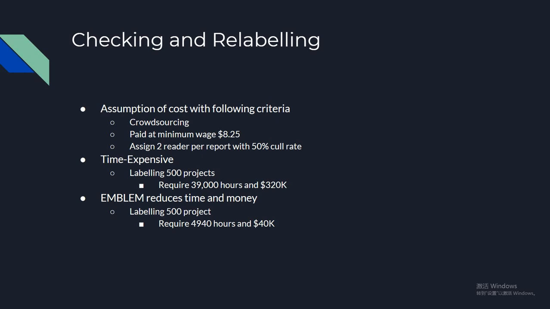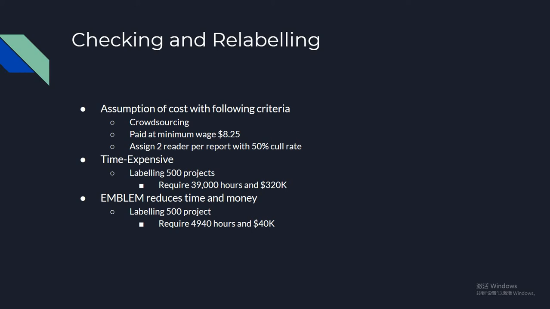The authors also made assumptions about the cost to complete all of the labeling with crowdsourcing. The crowdsourcing workers are being paid, and the criteria include payment of minimum wage at $8.25 and assigning 2 readers per issue report with a 50% call rate.